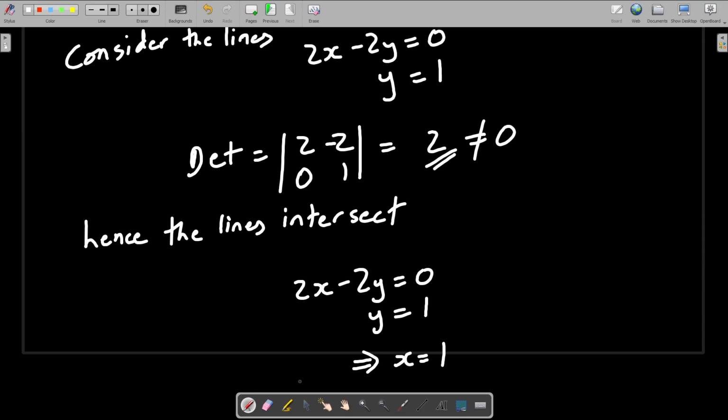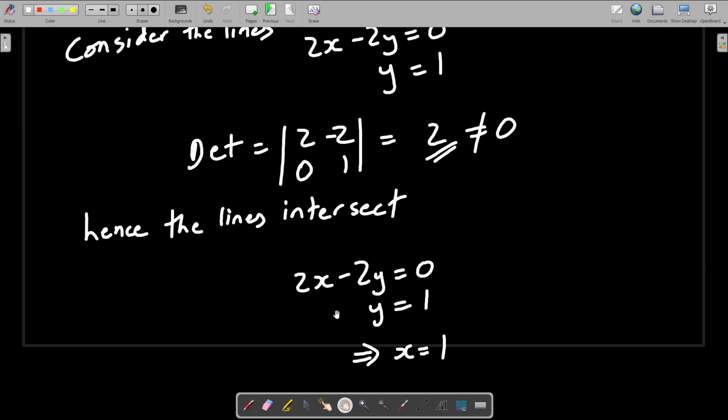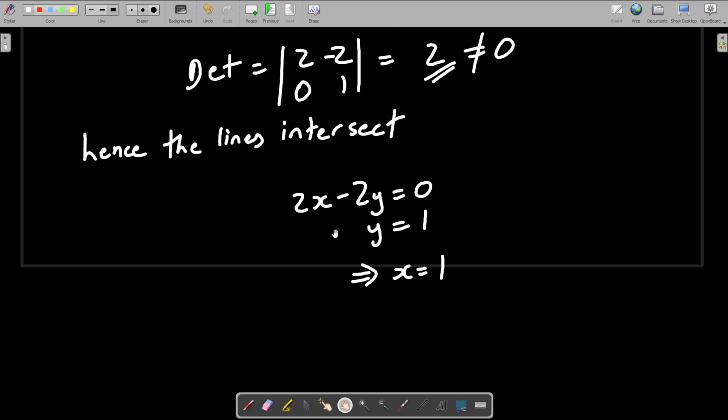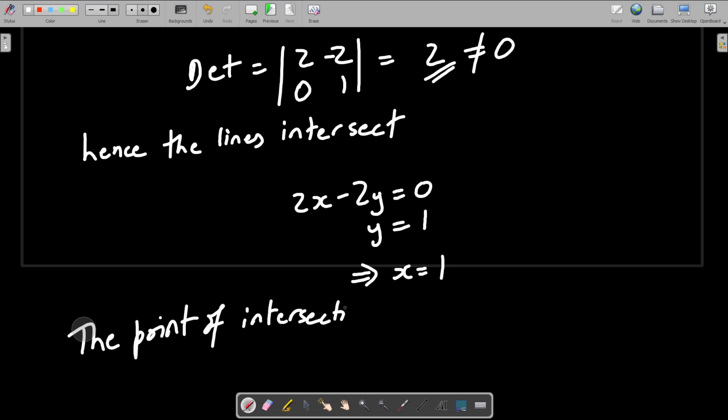So the point of intersection is 1 comma 1.